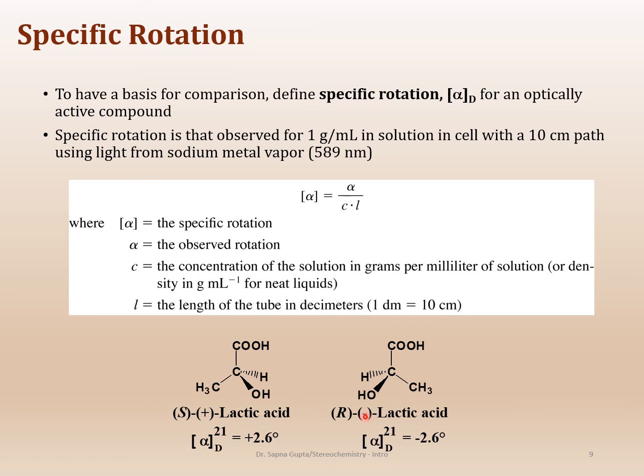The minus is also an indicator of L, levorotatory. So they have two indicators: D or plus, L or minus. You can use either of those. Here are their optical rotations, and you can see they are equal in magnitude but opposite in direction, as these two are enantiomers.